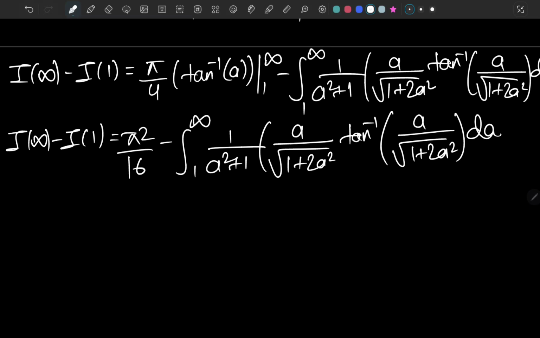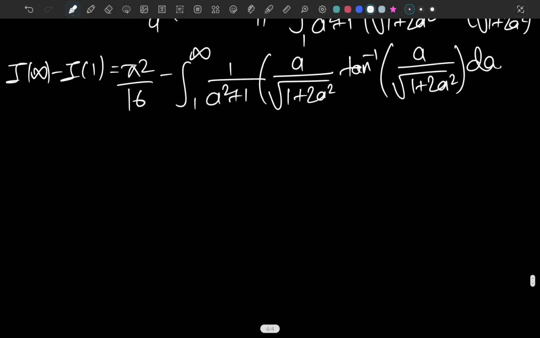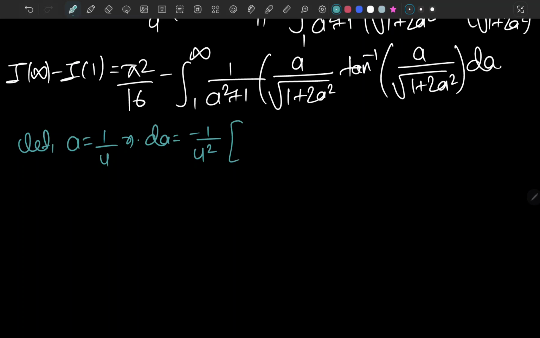Now we are going to use some u substitution. Let a be 1 over u, so dA comes out to be minus 1 over u squared, and the limits change as follows: a equals infinity becomes u equals 0, and 1 becomes 1.